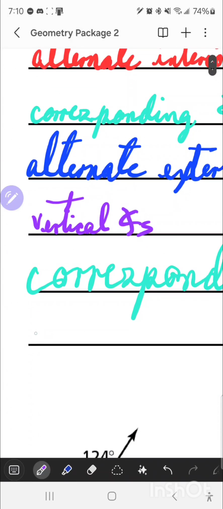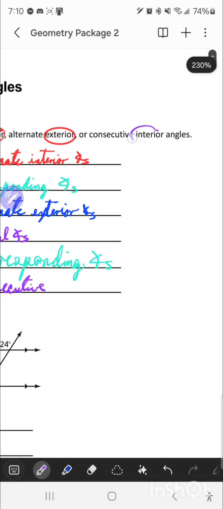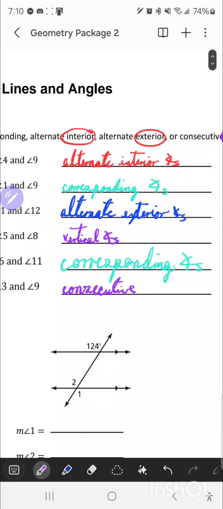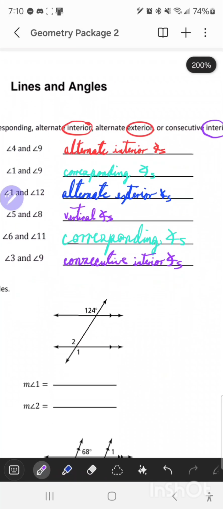So these are consecutive. As I said before, they want us to say if they are interior or exterior. In this case, they are inside of the C. So since they are inside, they are interior. So interior angles, and that's basically it.